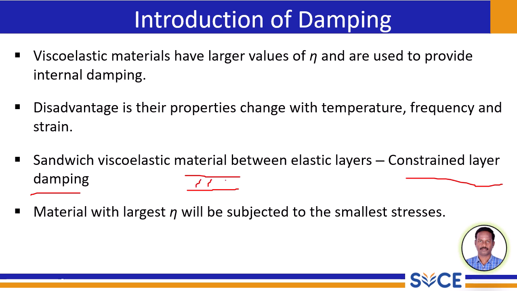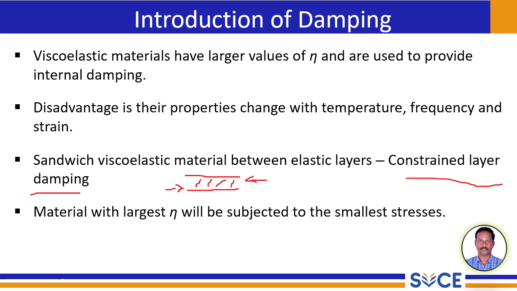When this composite structure vibrates, the shear deformation of the viscoelastic layer dissipates energy effectively, while the outer layers provide stiffness and constraint to the viscoelastic material, which in turn enhances the damping performance.